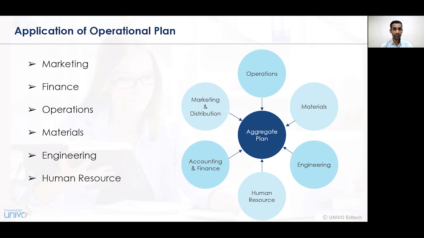And lastly, the human resources. Human resource is the part wherein the amount of labor, either skilled or unskilled, will be required, and how you employ those resources as human beings for the creation of a successful operational plan.